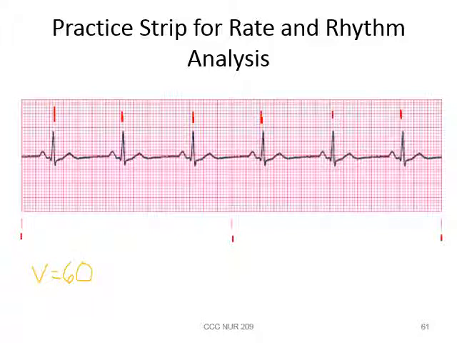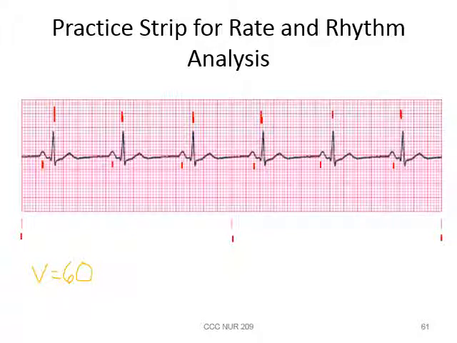All right. Then we're going to basically look at our atrial rate. So here's 1, 2, 3, 4, 5, 6. So we have 6 P waves.